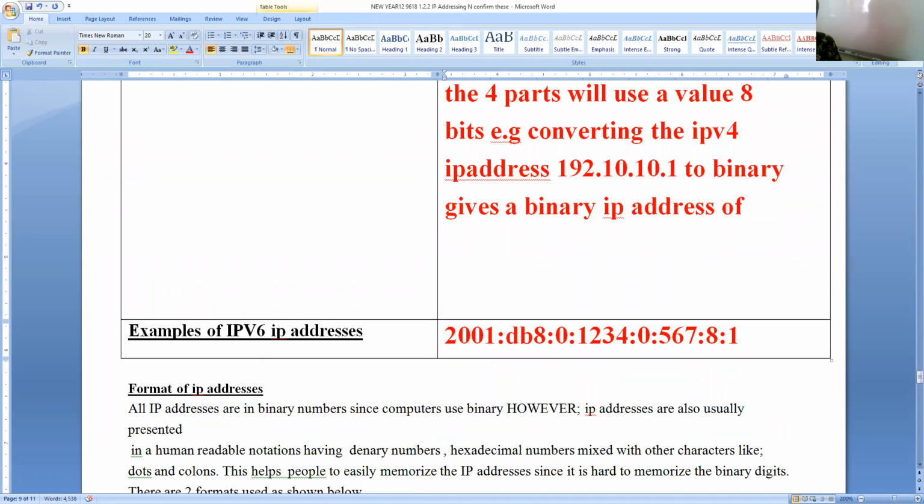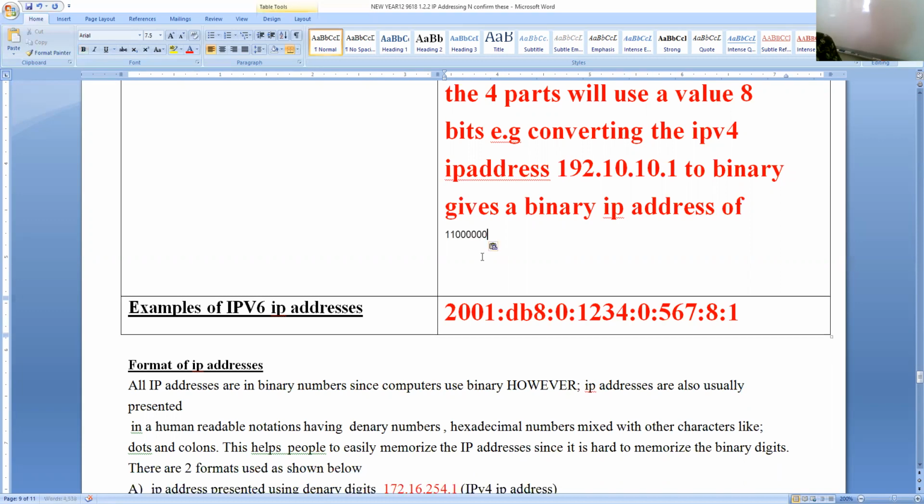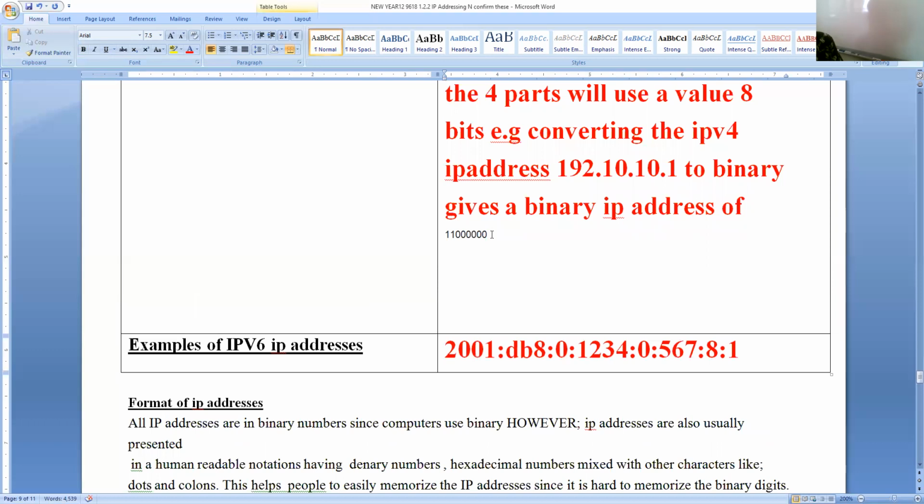Right. So I want to convert it here. 192 to binary gives us what? So 192 to binary gives us this. 192 alone. So it gives us the IP address of, I'm going to show you later. Just a minute.